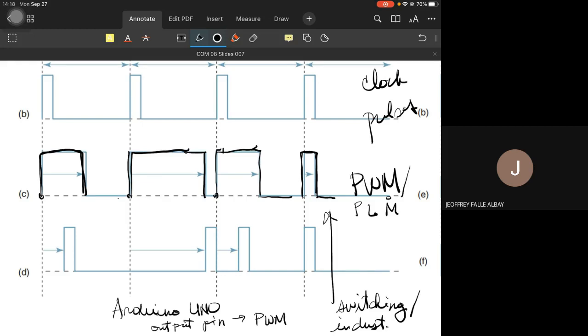But it is capable of receiving analog signals, and it can also output what is effectively analog. So, let's say for example, the Arduino Uno.